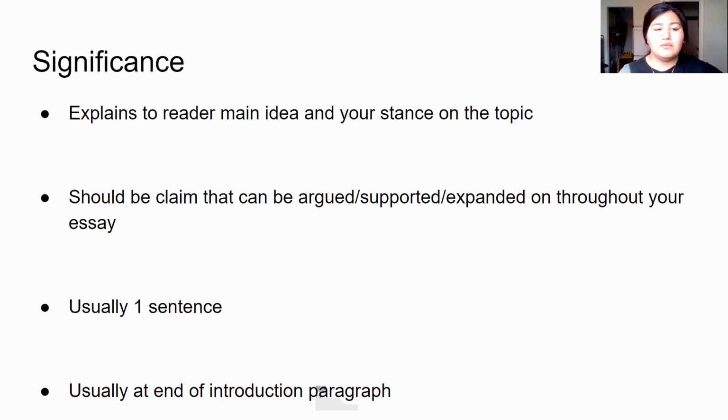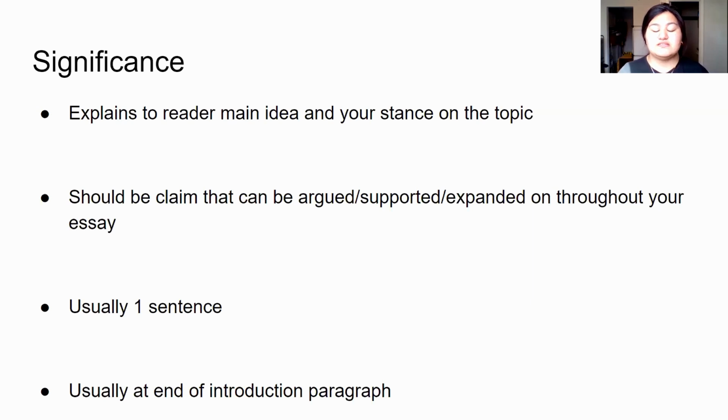So what the thesis statement does is it explains to the reader the main idea and your stance on the topic. And it should be a claim that can be argued, supported, and expanded throughout your essay. So what that means is that it should be something that throughout your essay you can talk more about. So you don't want to do anything too simple so that it's self-explanatory.